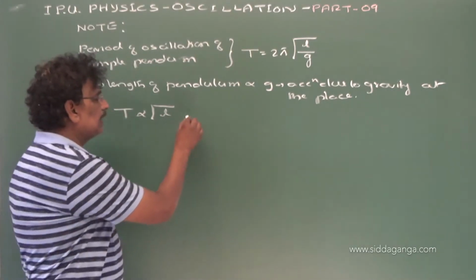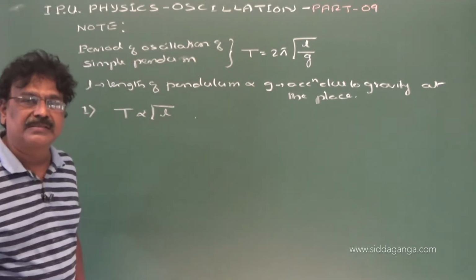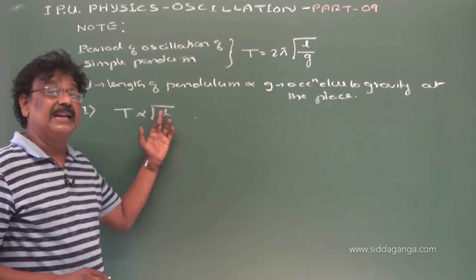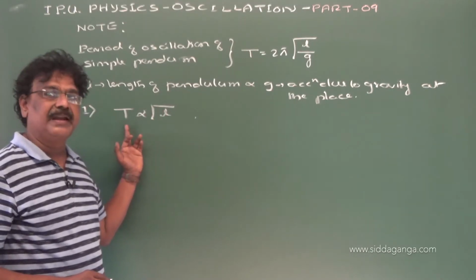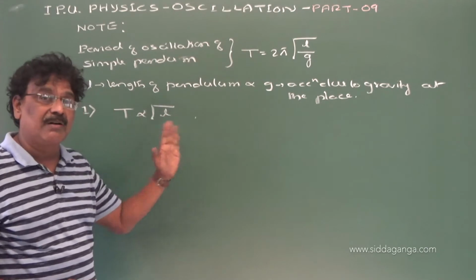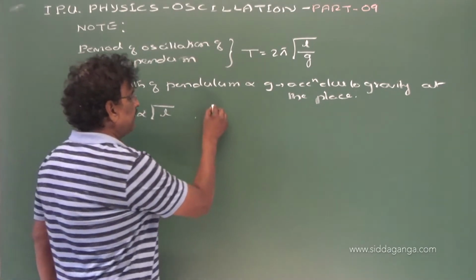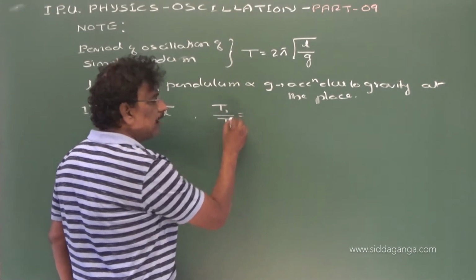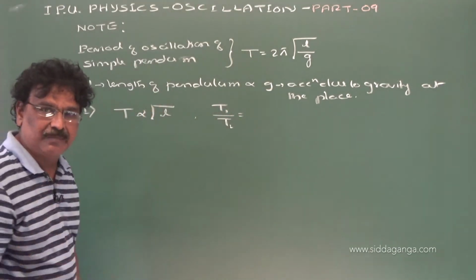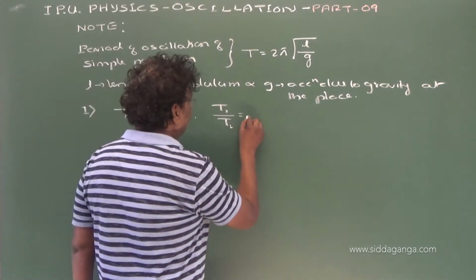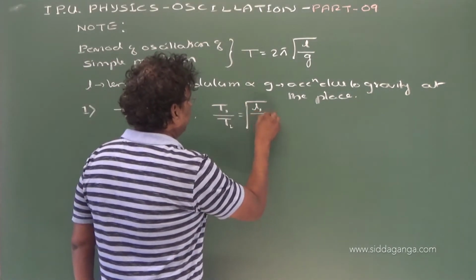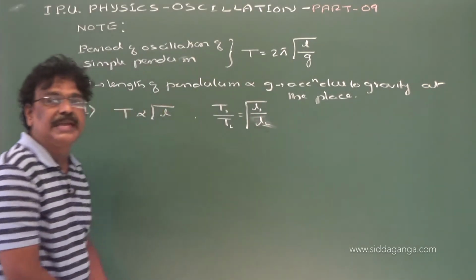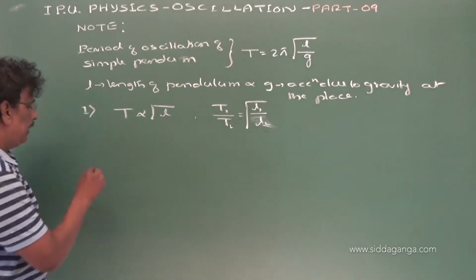With increase in length of the pendulum, period of oscillation increases. So when the length is increased by n times, time period increases by square root of n times. So if T1 and T2 are the time periods of two pendulums at a given place having the length L1 and L2, then T1 by T2 is equal to square root of L1 by L2.